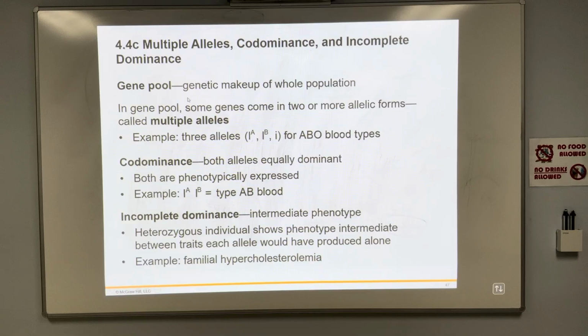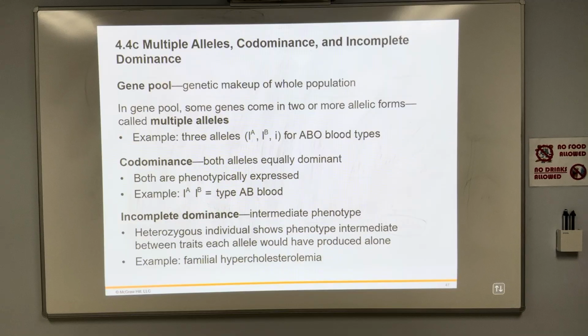There are multiple alleles, and that is with the blood groups. If you are blood type A or blood type B, sometimes blood type O does not have these antigens. Incomplete dominance is when you have intermediate phenotypes.